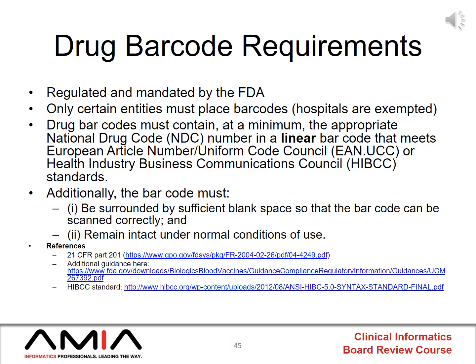Drug barcodes must contain, at a minimum, the appropriate national drug code number in a linear barcode format that meets either the EAN.UCC standards or the HIBCC standards. The references for those standards are at the bottom of the slide. In addition, the barcode must be surrounded by sufficient blank space, also known as a quiet zone, so that the barcode can be scanned correctly, and they also must remain intact under normal conditions of use.